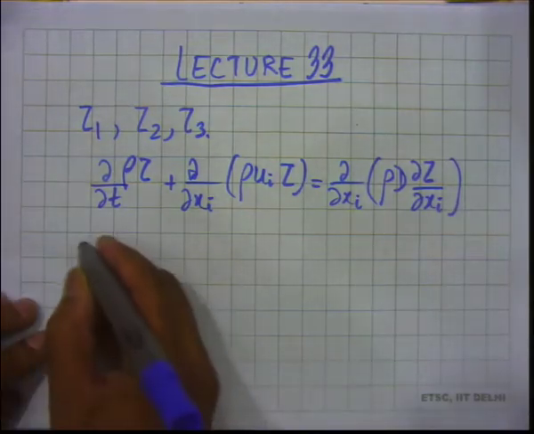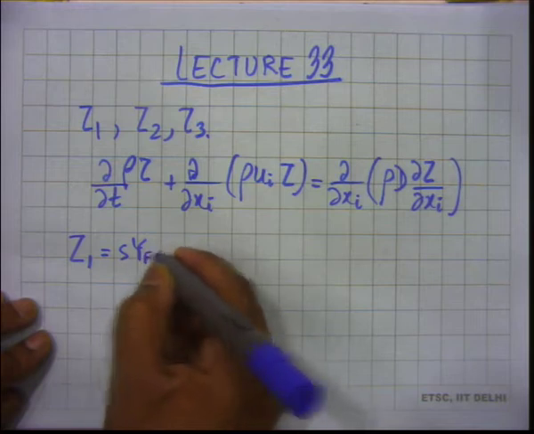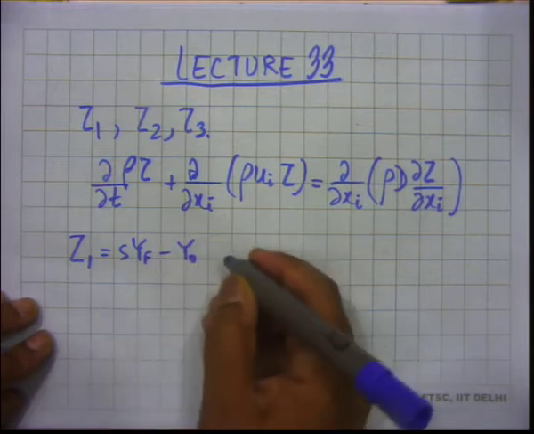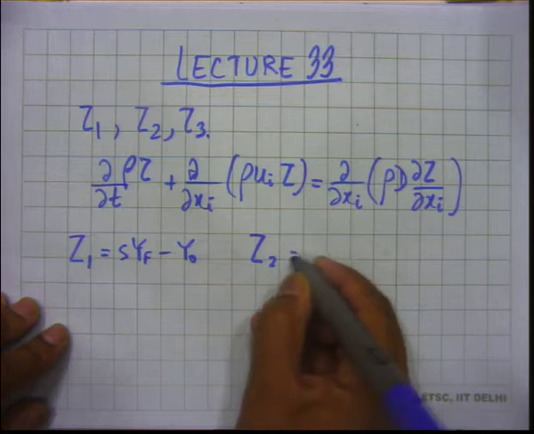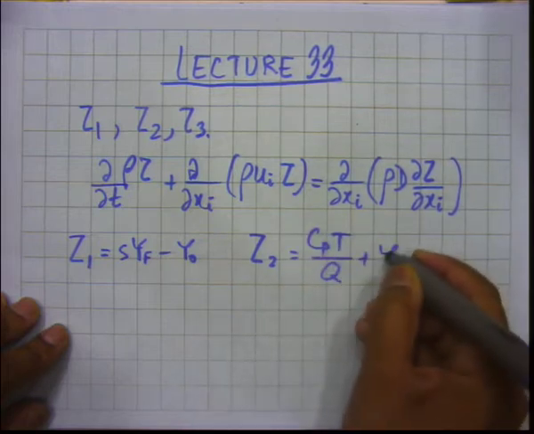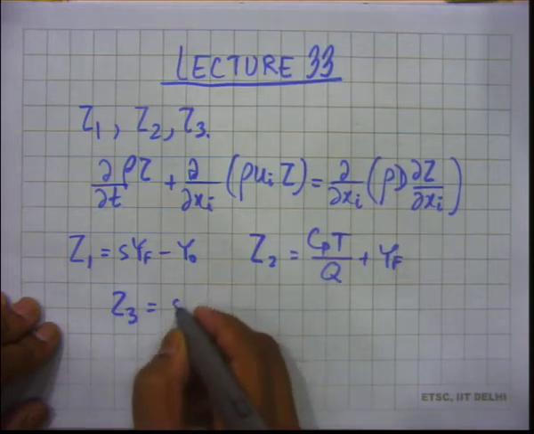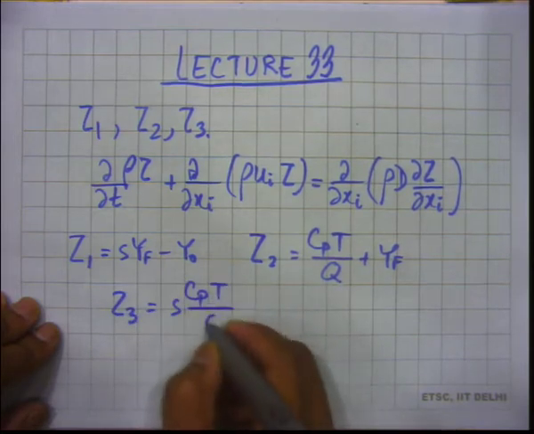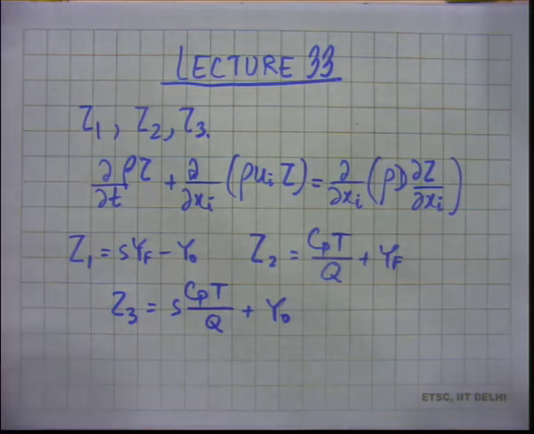And to remind you what these were, this Z1 was SYF minus YO, and we had a Z2. These are the three things that we had, Z1, Z2, Z3.